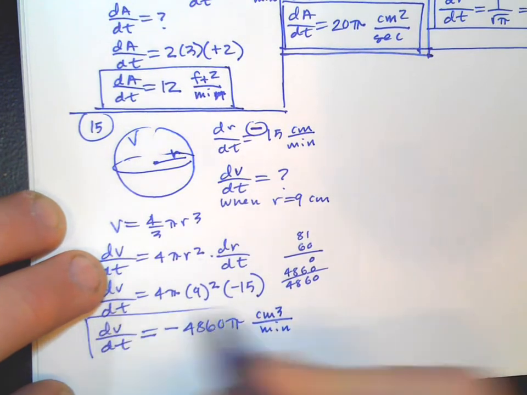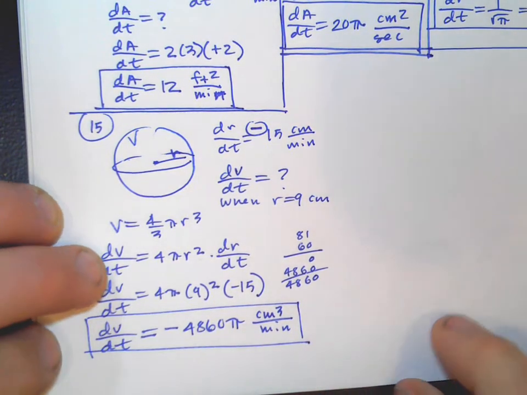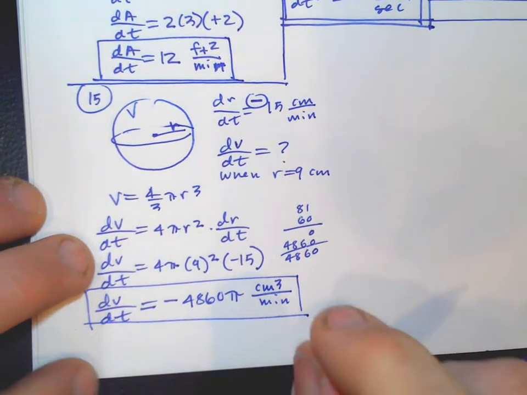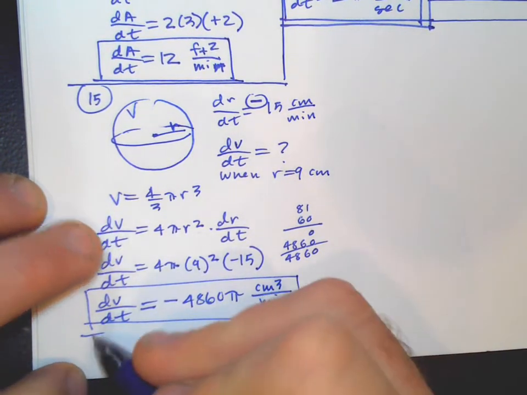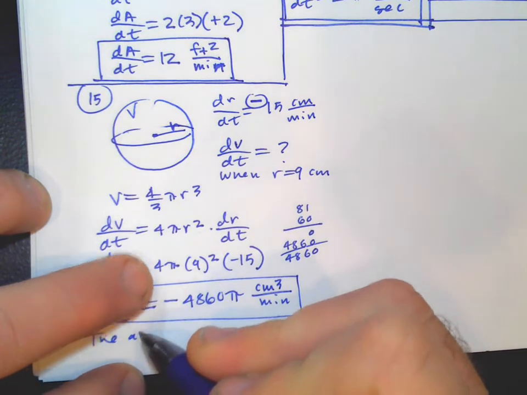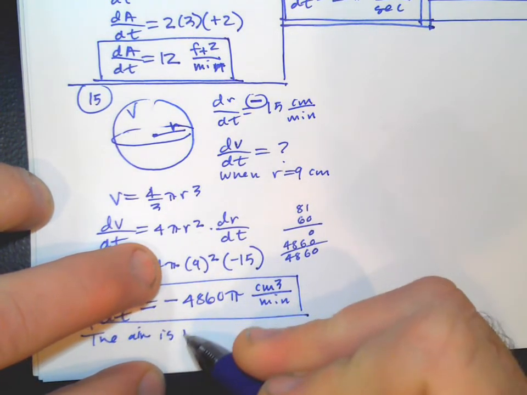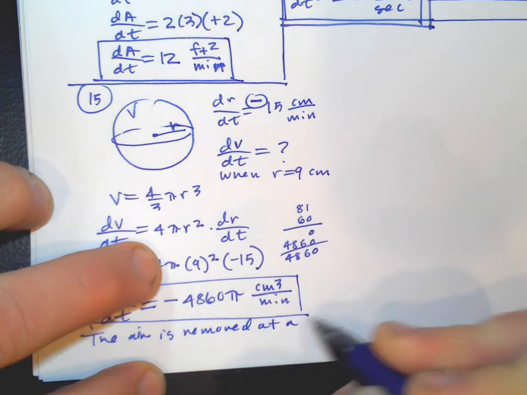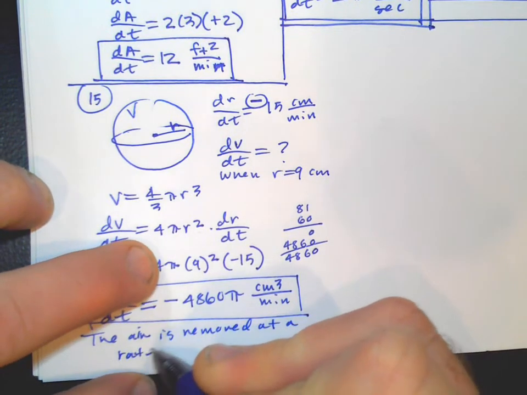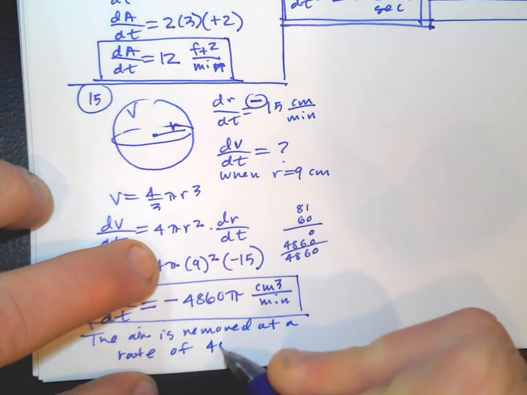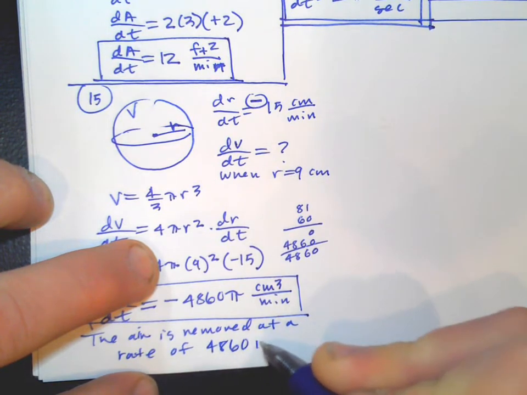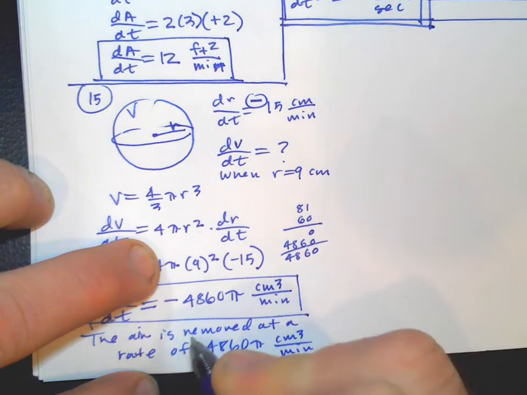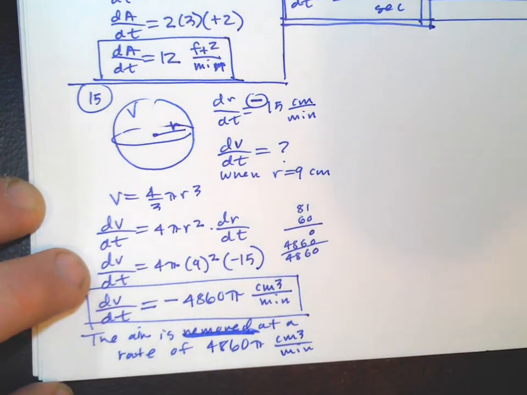Now, the only thing I would say is that they asked the question, at what rate must the air be removed? So I would say the air is removed at a rate of 4860 pi cubic centimeters per minute, and not put the negative, because the removed word implies the negative.